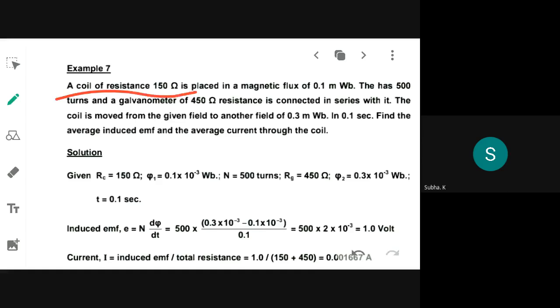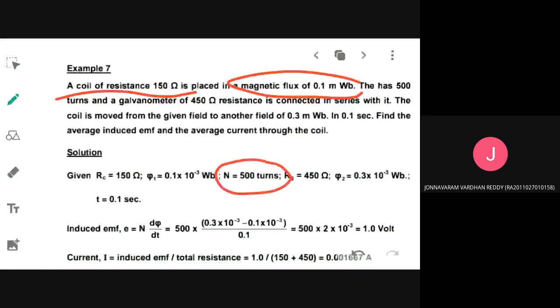Magnetic flux is 0.1 milliweber. Number of turns, so N is equal to 500. Then, resistance of galvanometer 450 ohm.